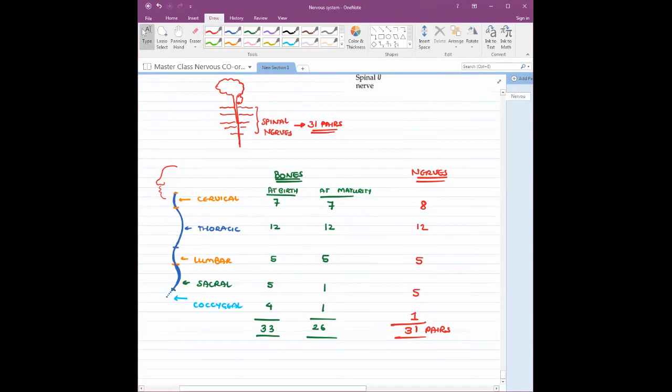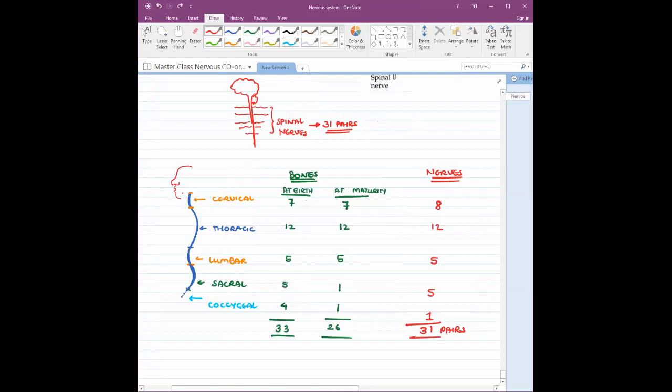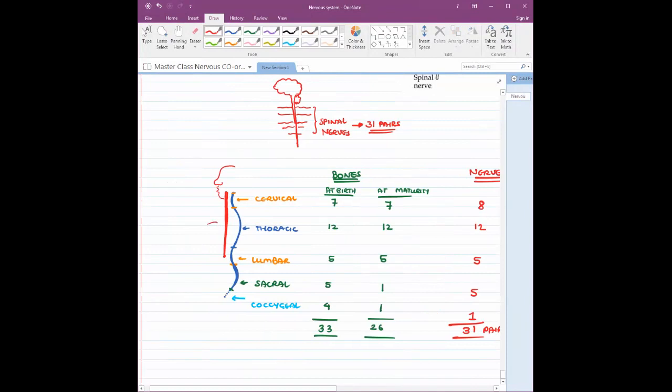Okay, fine. But now, if we are talking about the spinal cord, is it going to run down the entire length? No, guys, the spinal cord will run only up till the second lumbar vertebra. It runs through your vertebral column only, but I'm showing it to you separately over here.